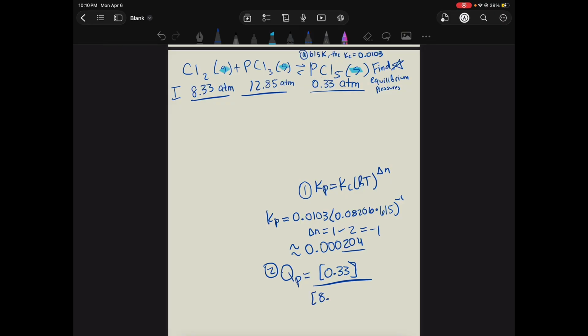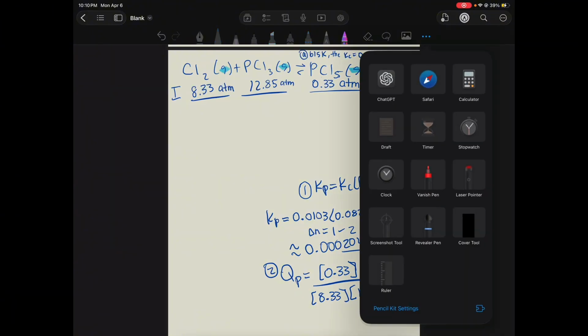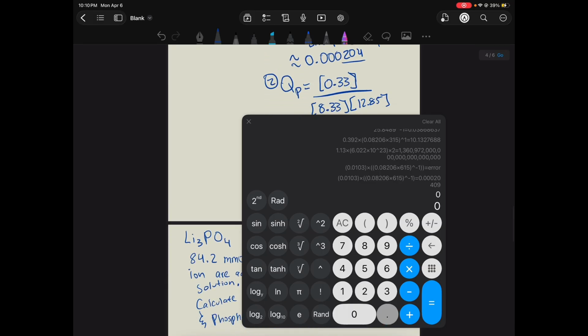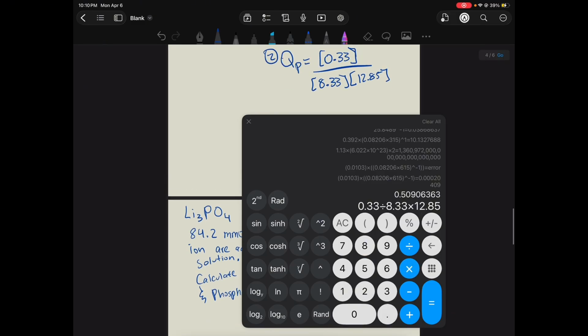So 8.33 times 12.85. And then we have to go back into our calculator, and we see that 0.33 divided by 8.33 times 12.85 gets us a value of 0.509, or 0.51 because of only 2 sig figs.